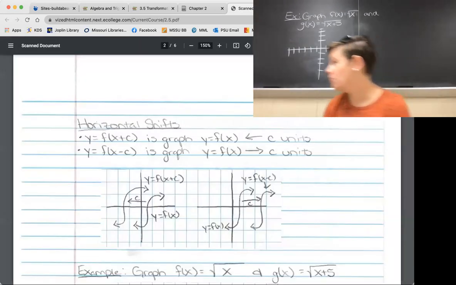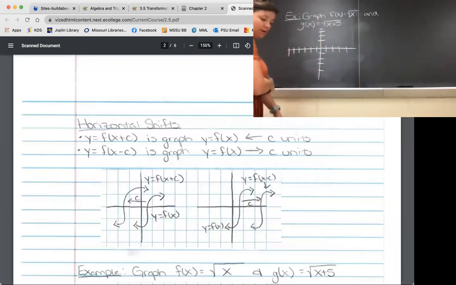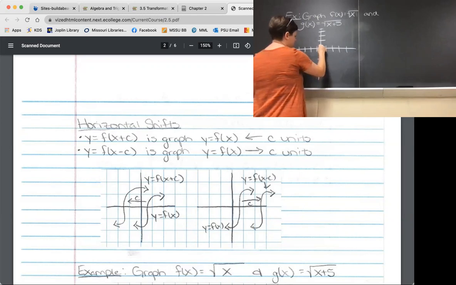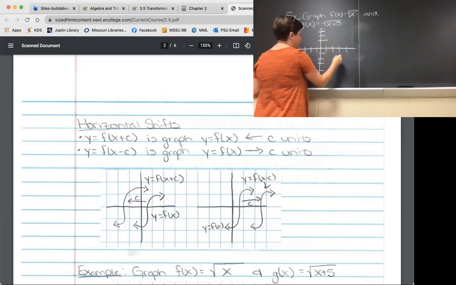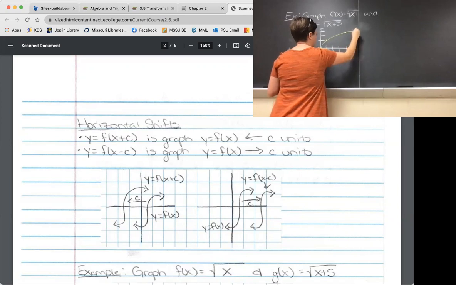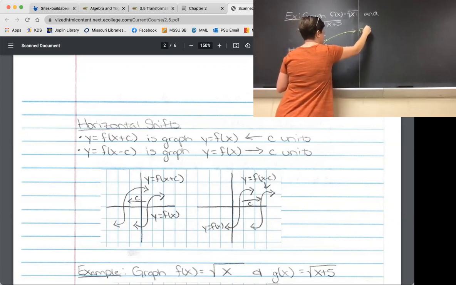So that's something to note if you have to do the point plotting method. So we have 0, 0, we have 1, 1, and then we would have 4, 2, and that's my f of x.